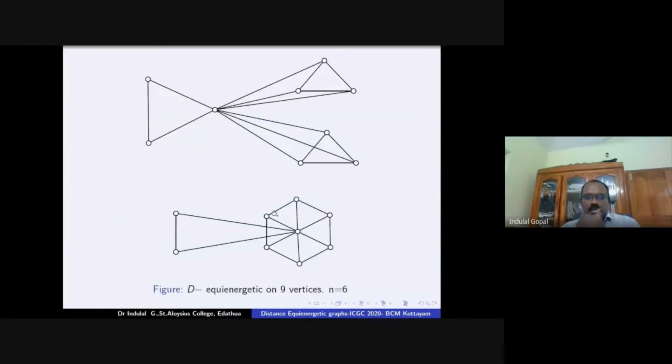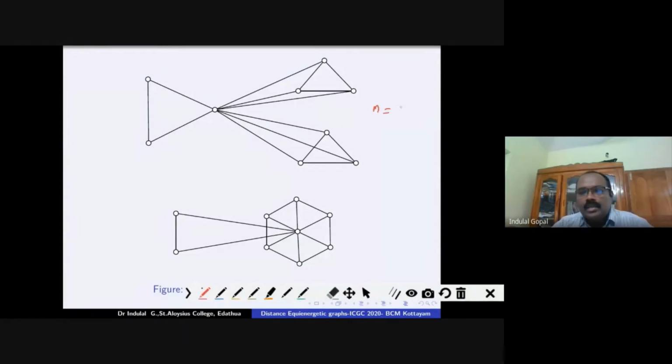And this is an example on n vertices with n equal to 6, with G equal to K2. We have one partition which is 6 itself, and the other partition which is 3 plus 3. So this graph is K1 join C3 union C3 union G, G is K2.